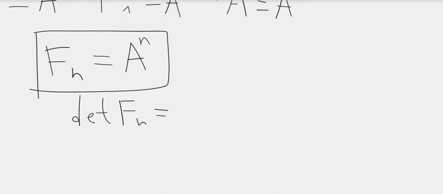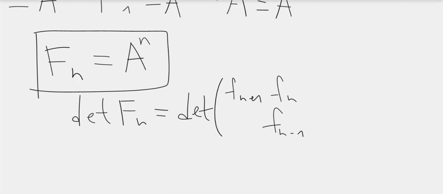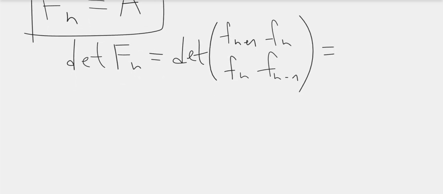For convenience, we rewrite the matrix here. The determinant of Fn plus 1, Fn minus 1, Fn, Fn is equal to Fn plus 1 multiplied by Fn minus 1 minus Fn squared.